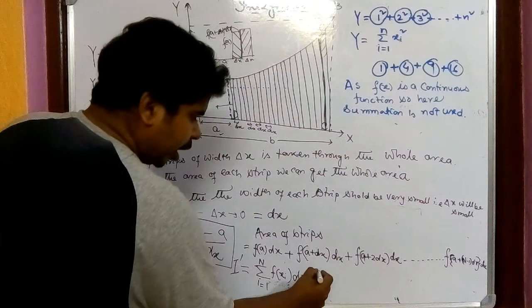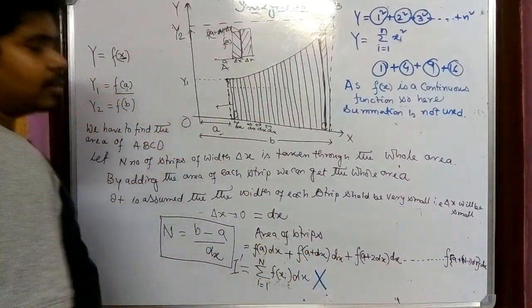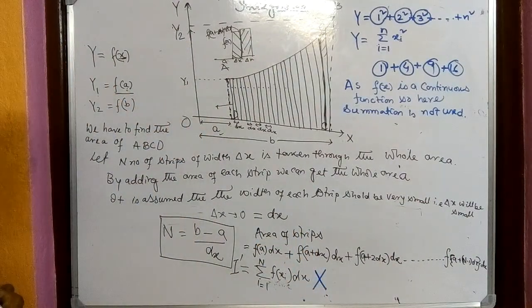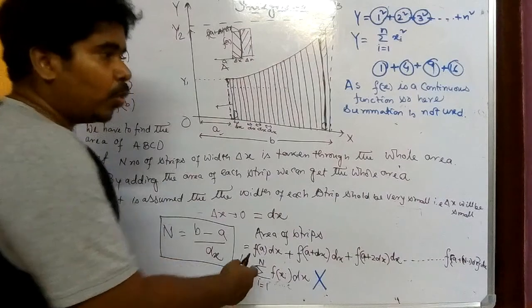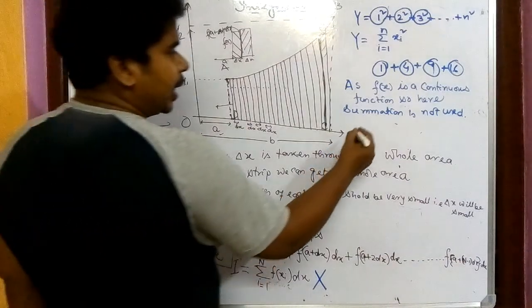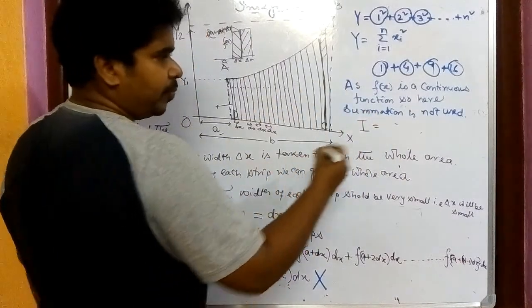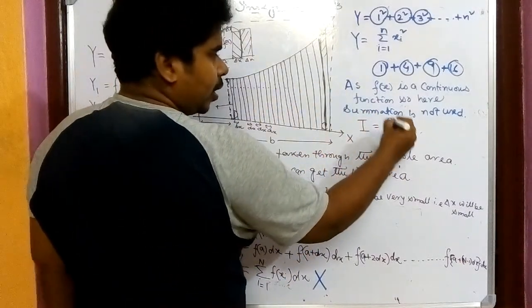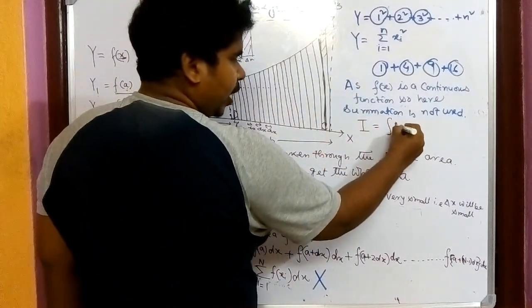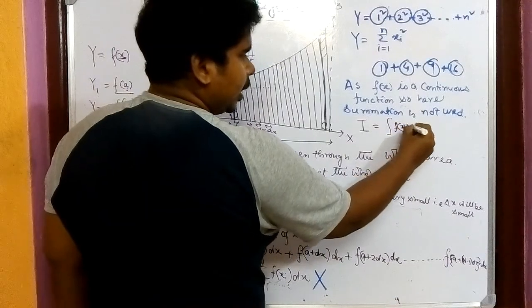So we cannot write the things this way. Rather, for that reason we have introduced another thing that is known as integration. Instead of summation, we have introduced integration. So integration I equals integral of function of x dx.